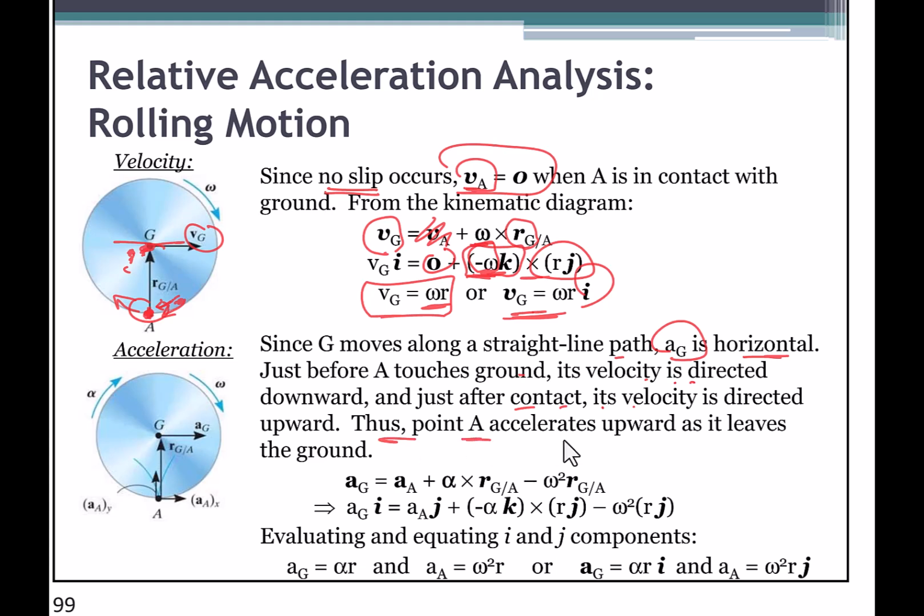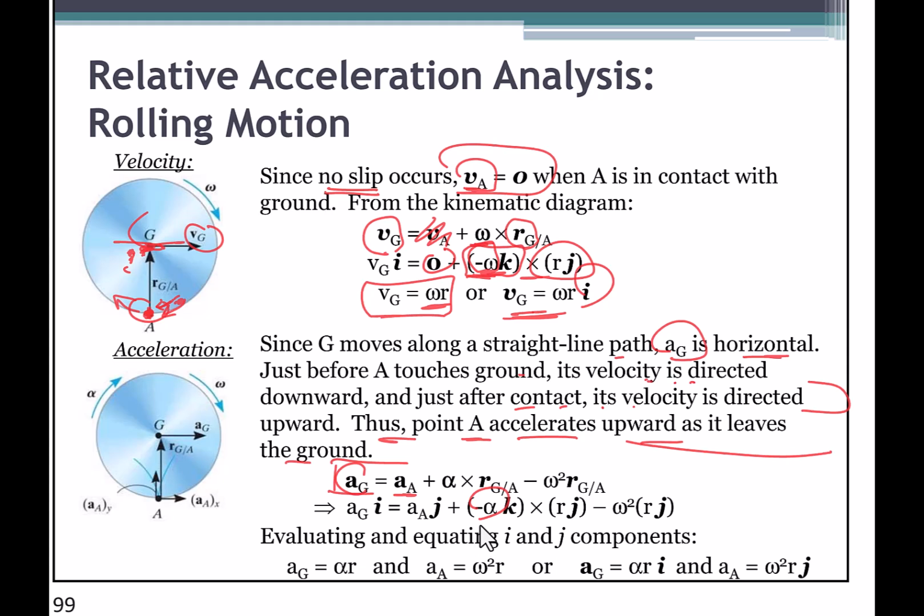So point A accelerates upward as it leaves the ground, you'll have a negative acceleration. So the equation for the acceleration of G is equal to the acceleration of A, which is not zero anymore. It's not zero anymore.